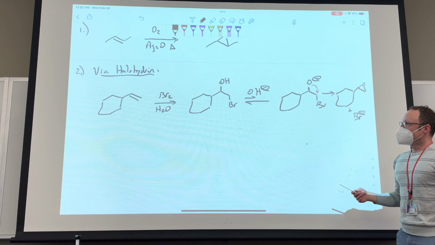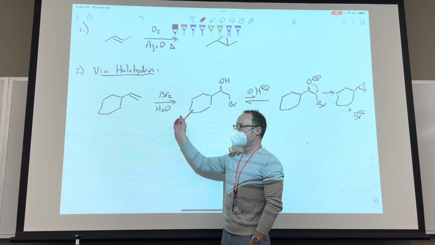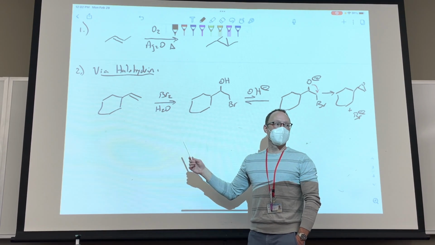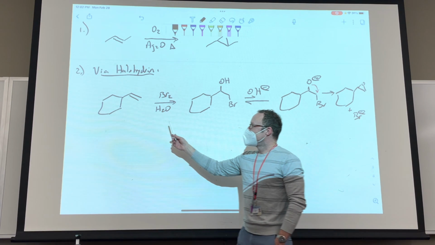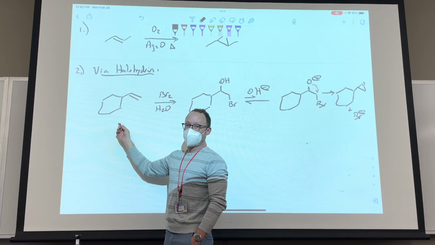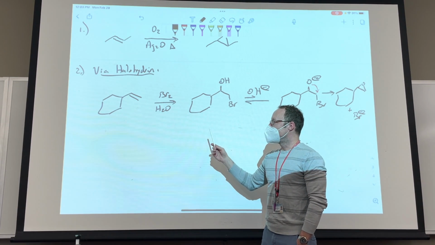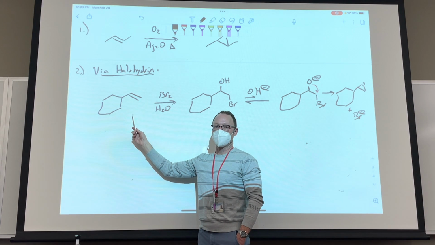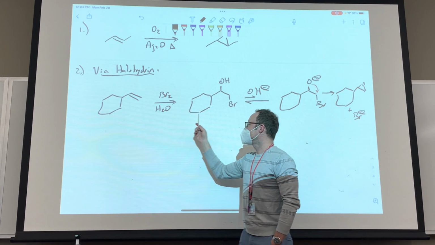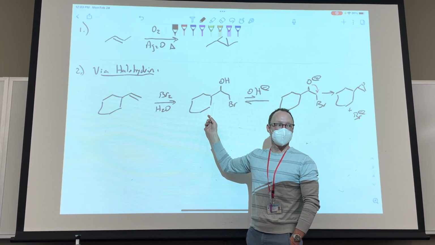So what you would do realistically is take your alkene, throw in the aqueous bromine, and monitor it by TLC. What you would be looking for is, presumably, this would be much higher on the TLC plate than this. You would wait until this spot disappeared, with complete consumption and a new spot developing lower on the TLC plate.